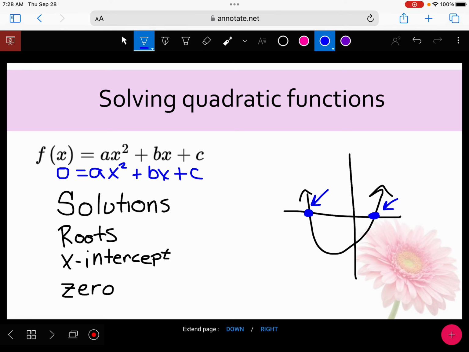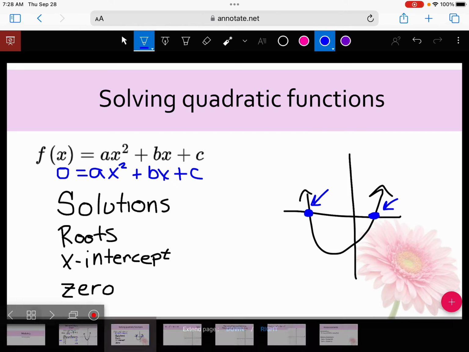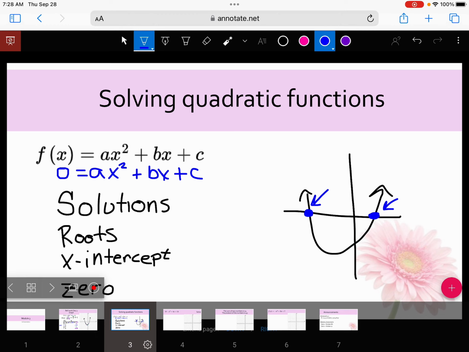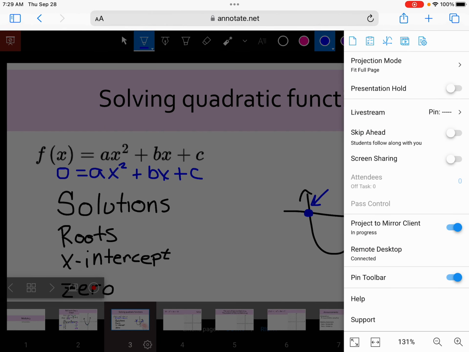There's lots of ways to do this. But today we're going to focus on graphing, which means I should probably get you guys some graphs. Okay, but those 4 words, that's really important. You guys need to have that marked down. So mark down those 4 words.